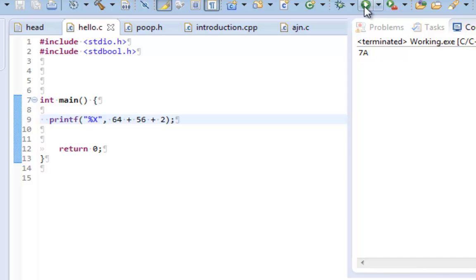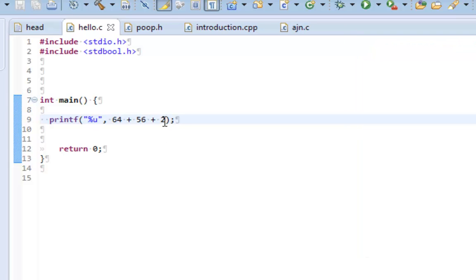Another symbol I forgot to show you guys is u. And u is for unsigned decimal numbers. So unsigned means that it goes from 0 to a very high positive number, but there are no negative numbers in unsigned. So if I do negative 122, this is going to print out a very large positive number and not the negative number that you might suspect.